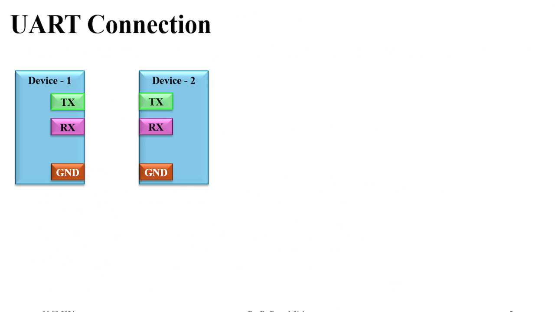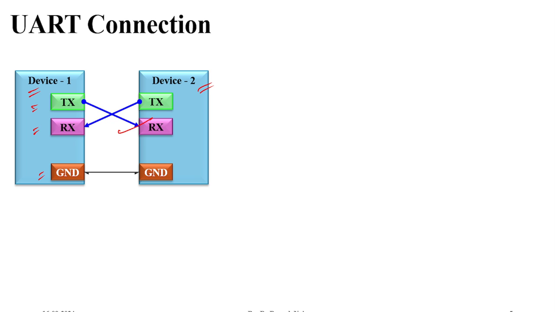Now let us try to understand the connections that we have to make in UART. Suppose we have device 1 and device 2, both have UART module. Then in UART module, we will get one TX line, one RX line and ground line. So we need only 3 lines, basically 2 lines, TX and RX, and we connect TX of one device to the RX of another device, and similarly TX of second device will be connected to the RX of first device.